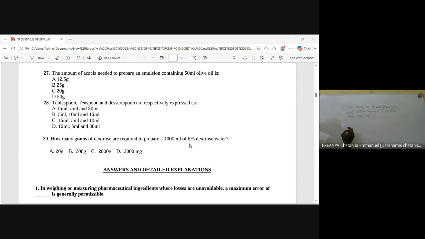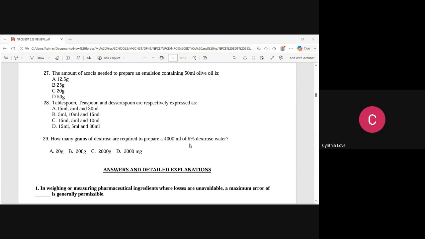Option A, 450 milligram. Option B, 900. Let me allow me to finish.